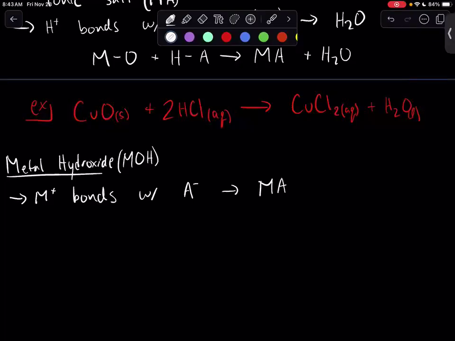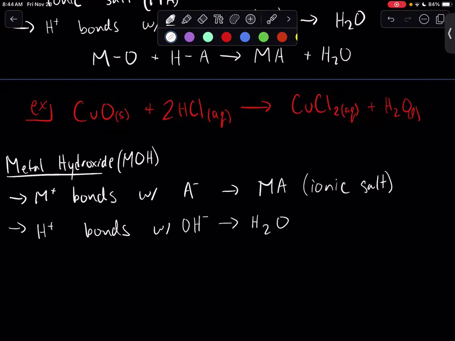So we still get the same ionic salt. But now the difference is our hydrogen bonds with hydroxide. And once again, we're still going to produce water, H2O. So we can go ahead and see this in action. MOH plus H bonded to A will react to produce MA once again plus H2O.